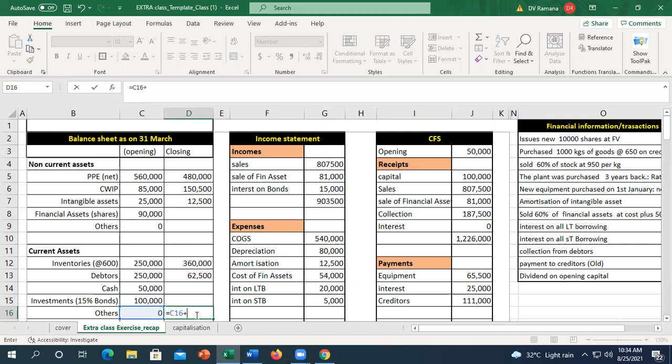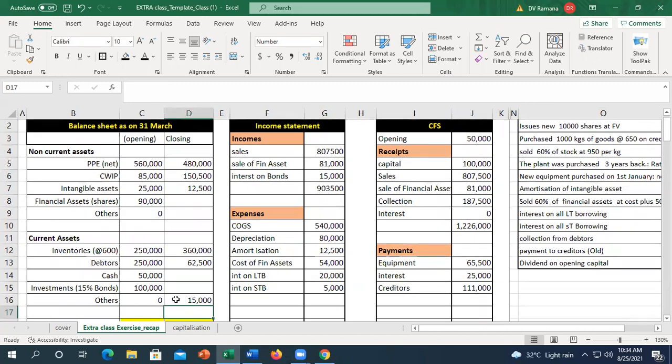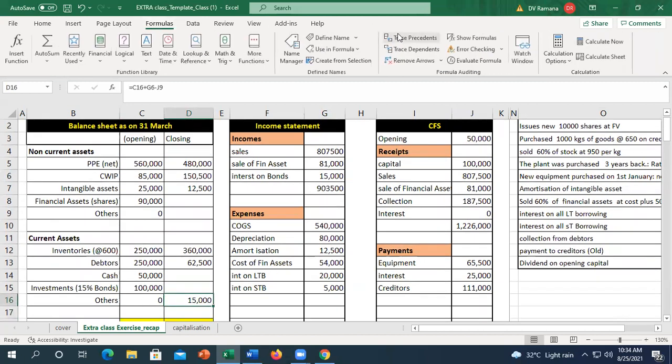Income not received is an asset. Expense not paid is a liability. I repeat, income not received is an asset. If the entire interest is received, there are no interest receivables. So let us assume that we have received it, because nothing is mentioned here.